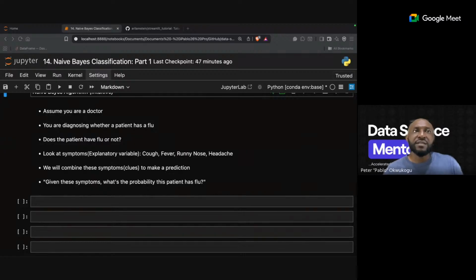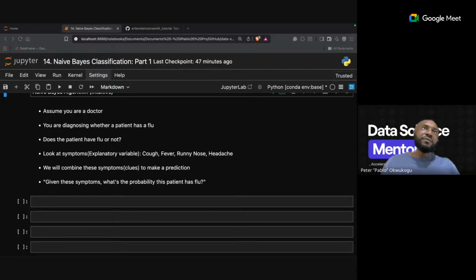That's what Naive Bayes does in machine learning. It uses probabilities to classify things. So we use the probabilities that this patient has cough, fever, runny nose, headache, to classify if the patient has flu or not, right? So this is what it is.